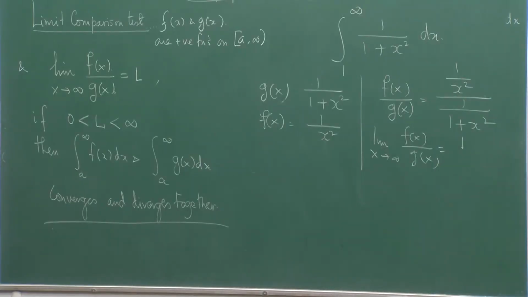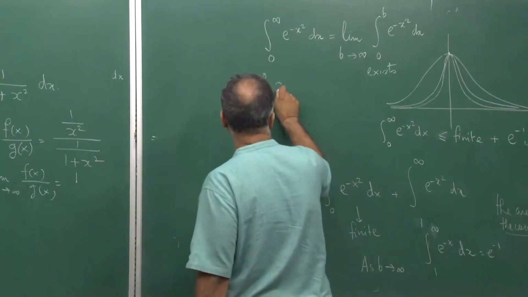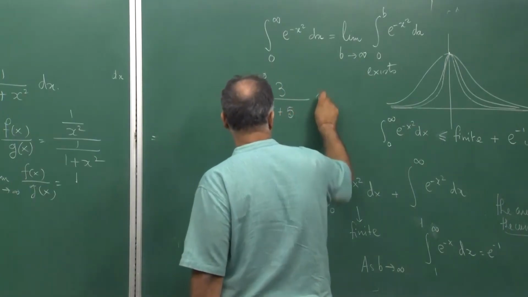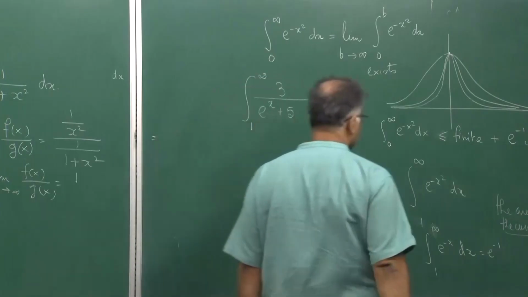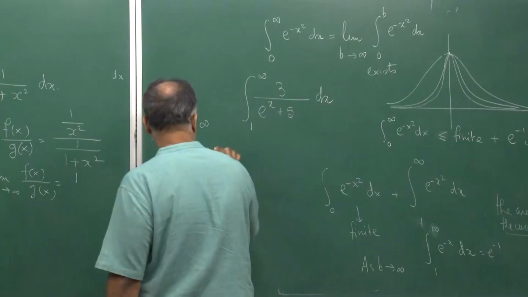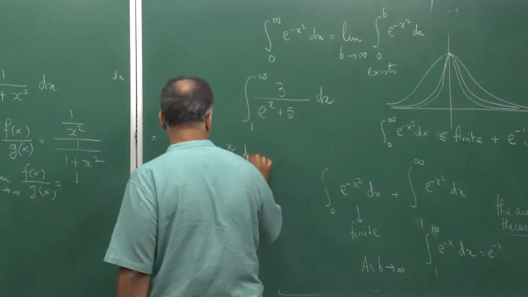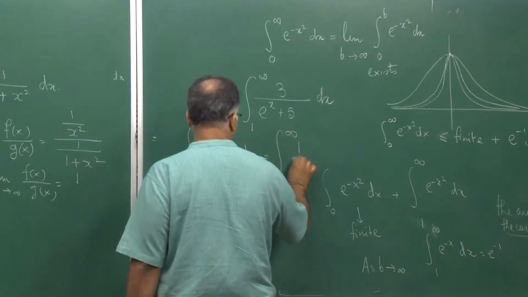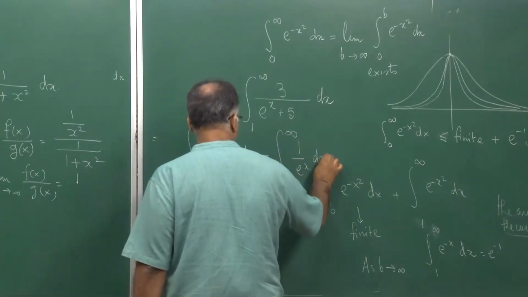But here is an example that requires the limit comparison test: the integral from 1 to infinity of 3 by e to the power x plus 5. In this case, use the fact that the integral from 1 to infinity of e to the power minus x dx, which is equal to the integral of 1 by e to the power x dx, converges.